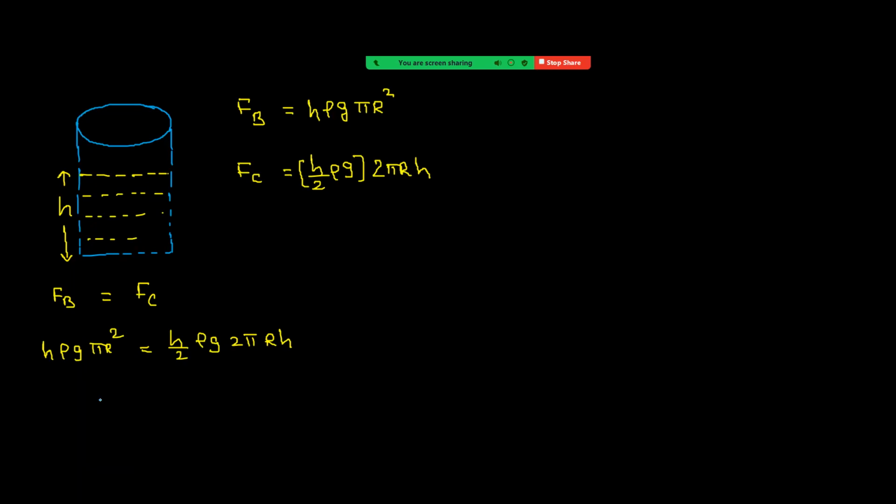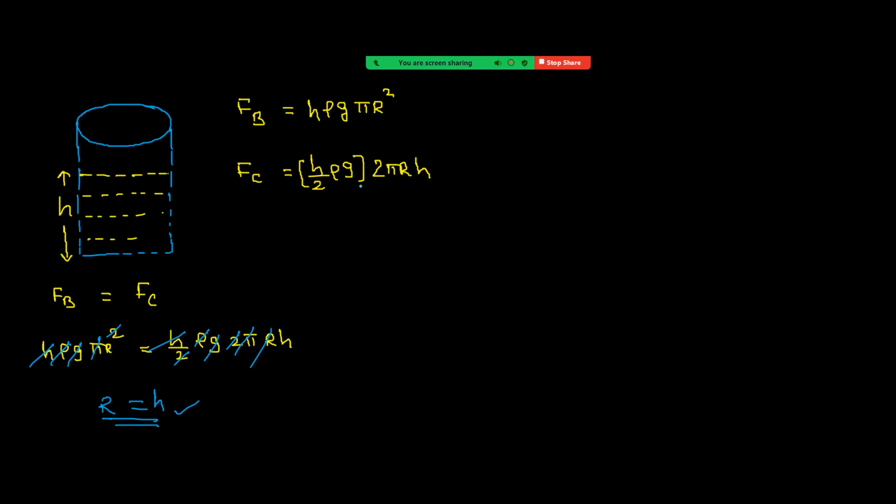Rho g cancelled, h cancelled, 2 and 2 cancelled, pi r cancelled. Here only r is left and here h is left. That means h equals r. So we directly used that result.